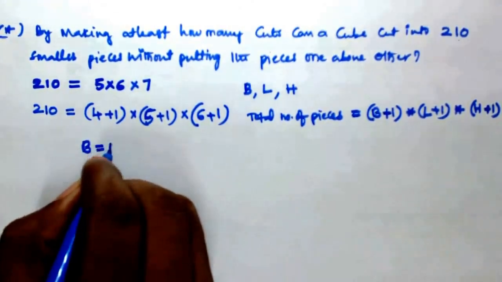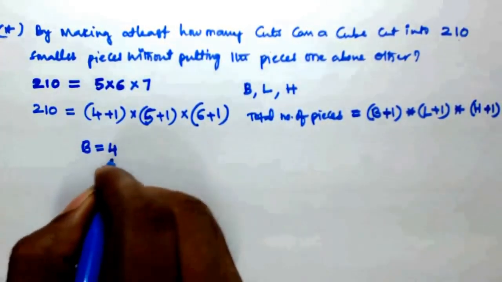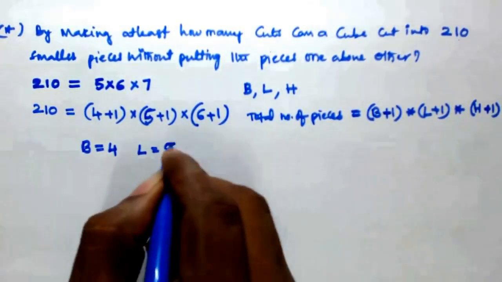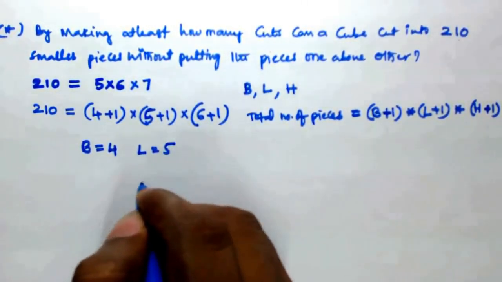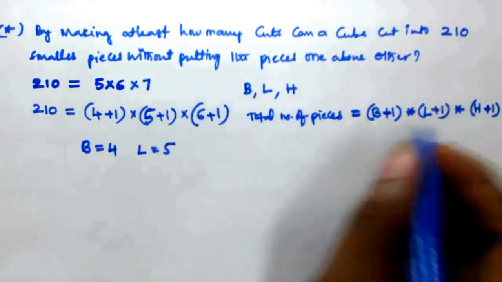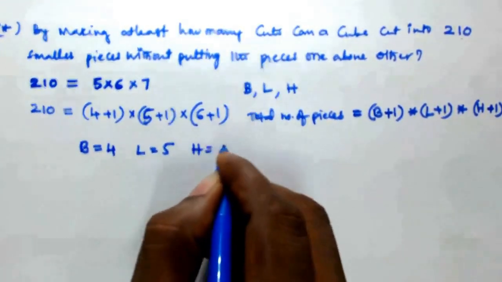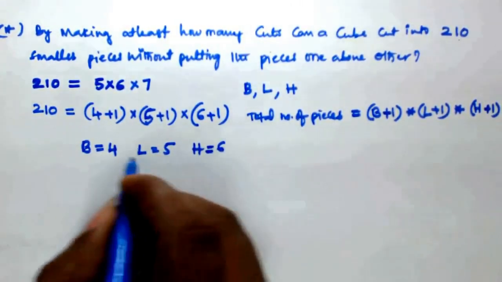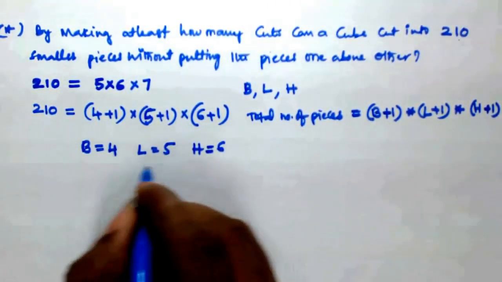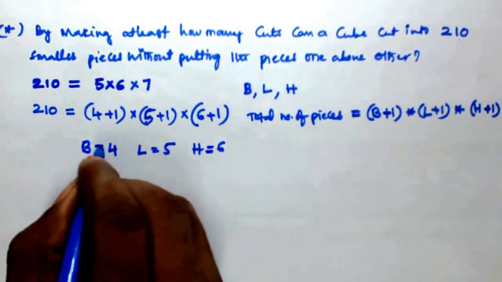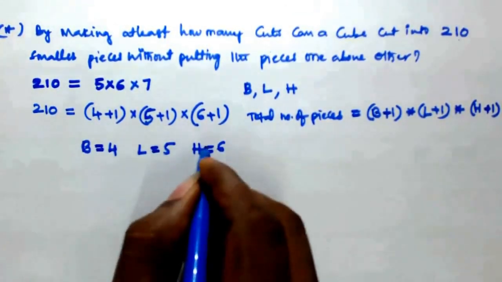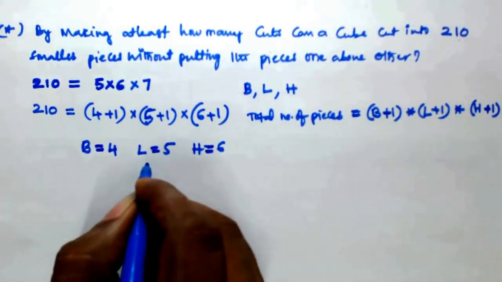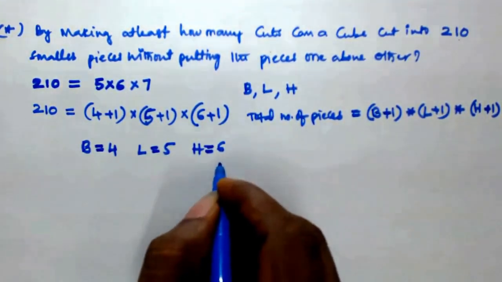That means the number of cuts made along the breadth is 4, and L is equal to 5, so the number of cuts made along the length is 5, and H is equal to 6, so the number of cuts made along the height is 6. This one gives the cuts along the breadth, this one along the length, and this one along the height.